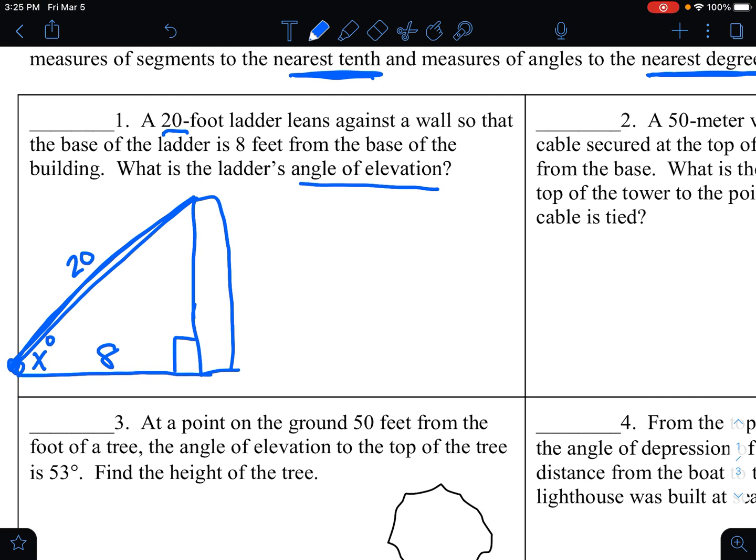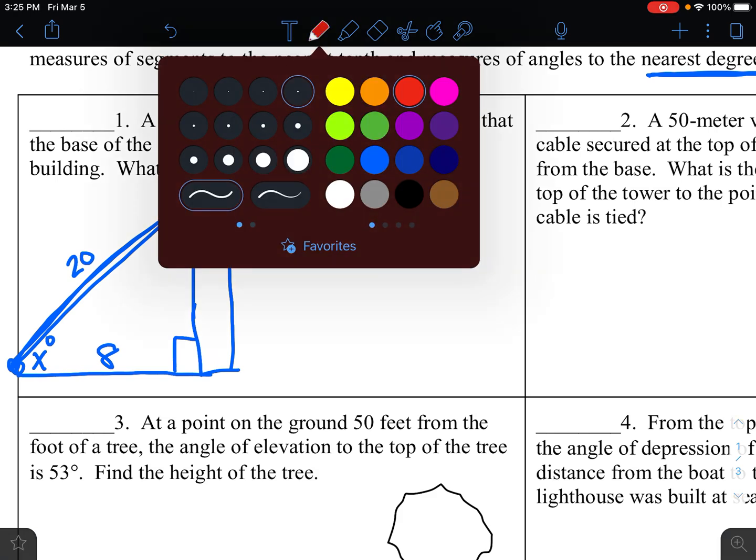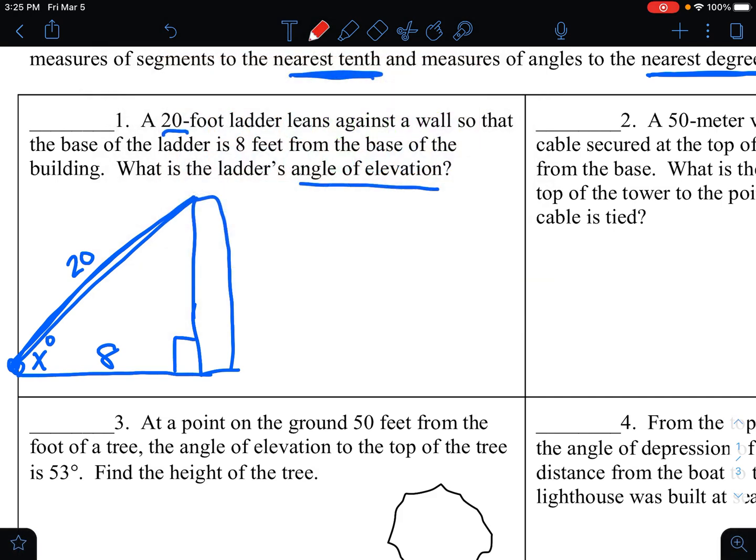Okay, so I am going to use SOHCAHTOA, but I'm going to have to do inverse sine, cosine, or tangent because I need an angle measure. So I'm going to label opposite, adjacent, hypotenuse. Because I'm working with adjacent and hypotenuse, I'm working with cosine.